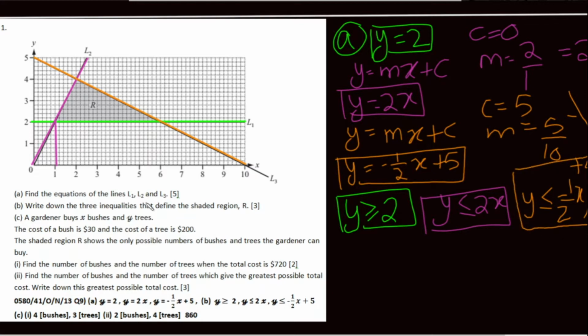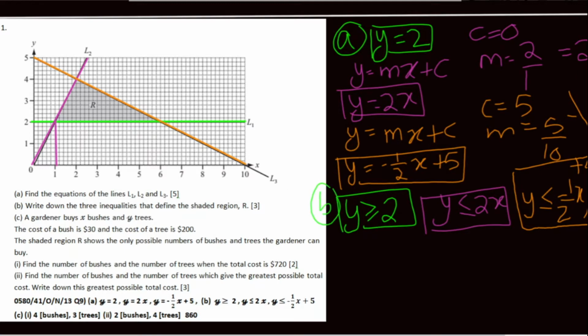Part C. A gardener buys x bushes and y trees. The cost of a bush is $30. The cost of a tree is $200. The shaded region R shows the only possible number of bushes and trees the gardener can buy. Find the number of bushes and the number of trees when the total cost is $720.